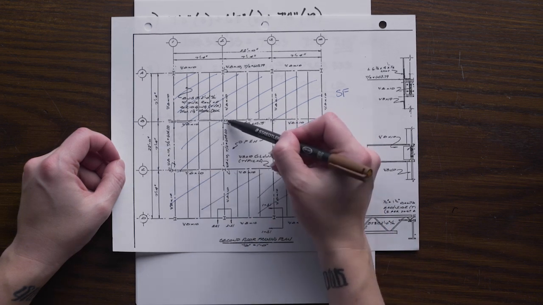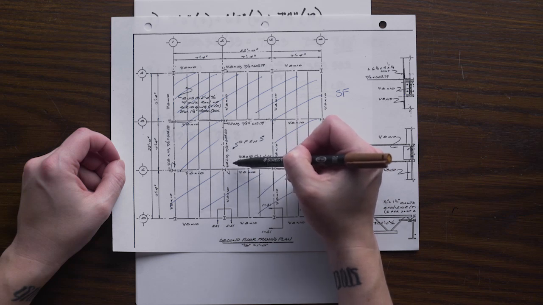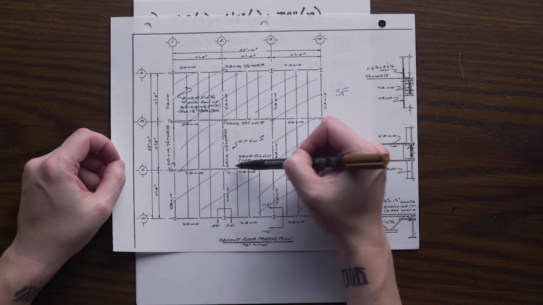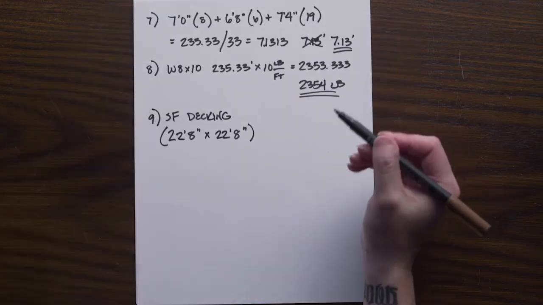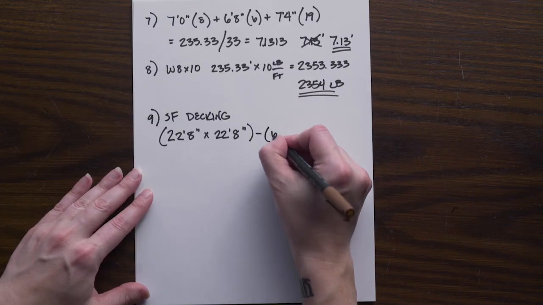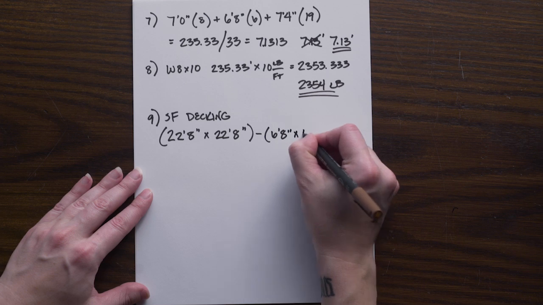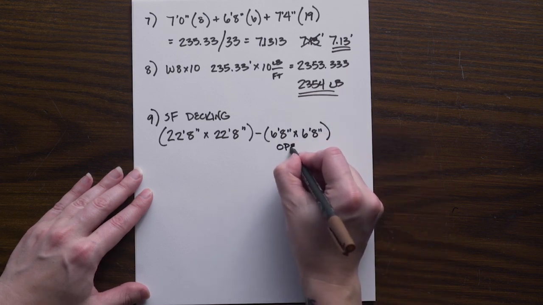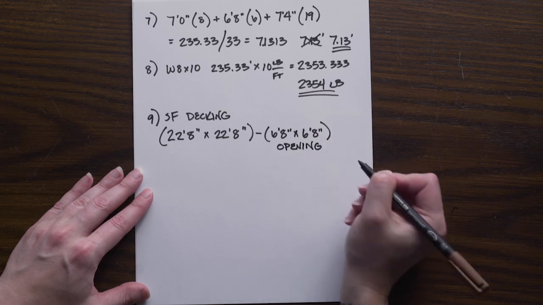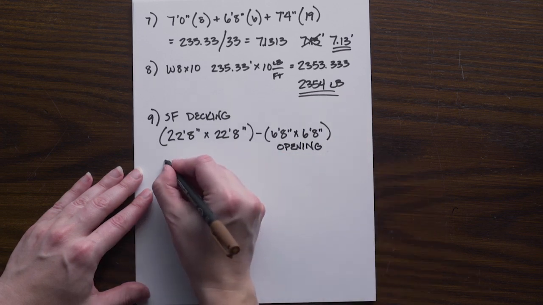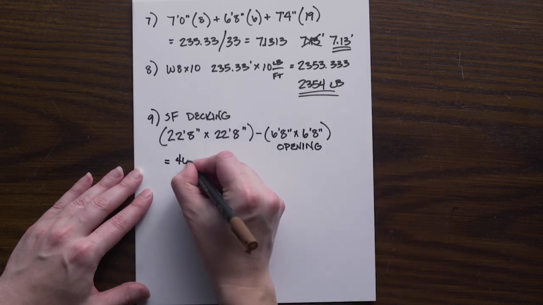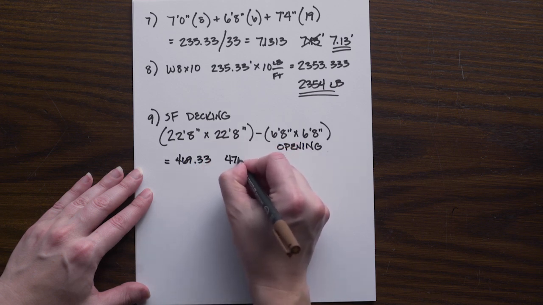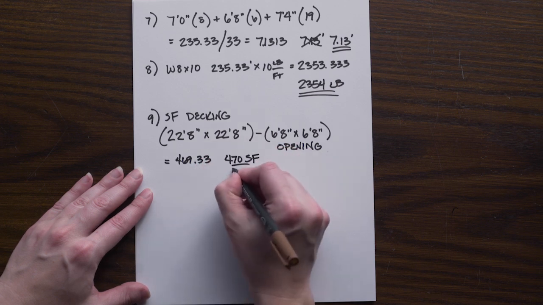So we have 4 inches subtract on this side, 4 subtract on this side. So from our 7'4", it's actually 6'8" by 6'8". And that is for our opening. If we do the multiplication, subtract it out, we have 469.33, so roughly 470 square feet of decking.